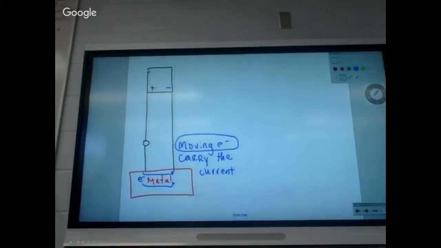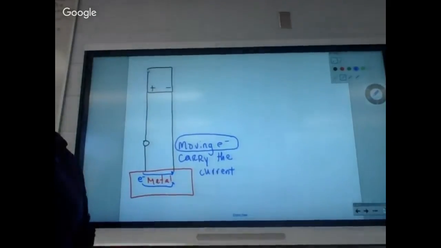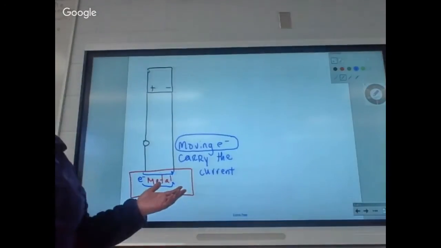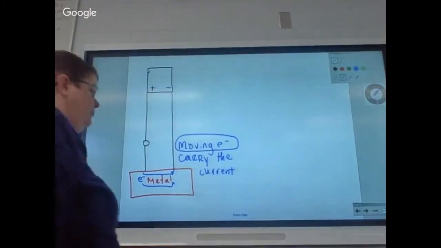The electrons don't move. All right? Electrons move in a metallic bond. That's why you never stick metal objects inside of electrical outlets, because electrons move continually. If you stick a metal knife or a metal fork in an electrical outlet, you're going to get zapped. Okay? Now, if it has a plastic end, probably not going to hurt.